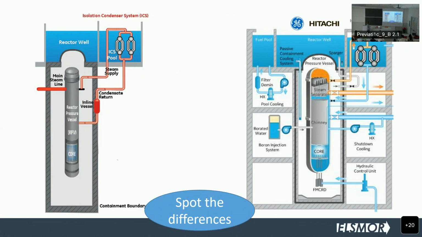Basically this whole BWRX-300 safety system, for instance, has increasing numbers of spargers and systems for controlling the containment space, but it still relies on the idea that there is a very robust connection between the main steam line and the reactor pressure vessel that does not break on this side of the main isolation valve.